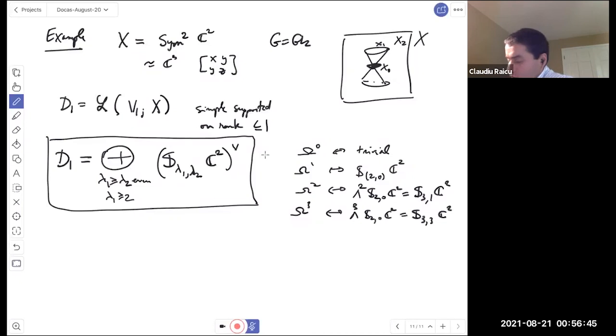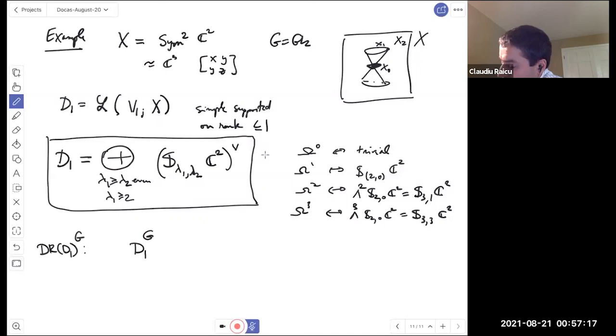Okay, so we know what these guys look like. So then I want to compute the de Rham complex of D1 and take GL2 invariants. By the way, to be GL2 invariant means you have to be a trivial representation. So the trivial representation corresponds to S(0,0). So the invariant de Rham complex starts with G-invariants in D1.